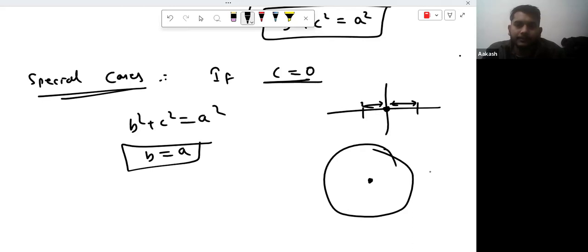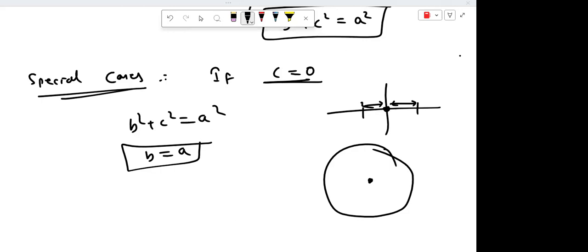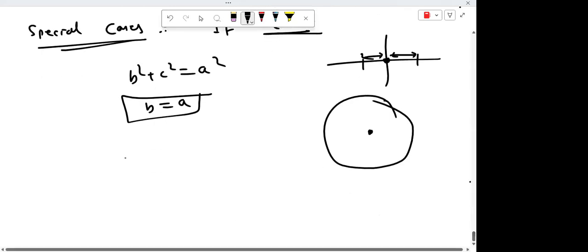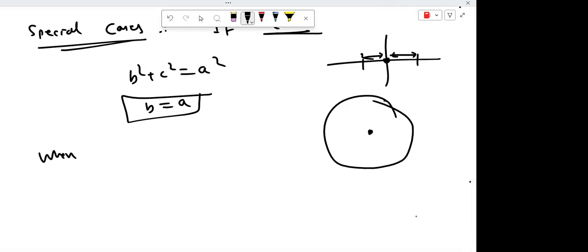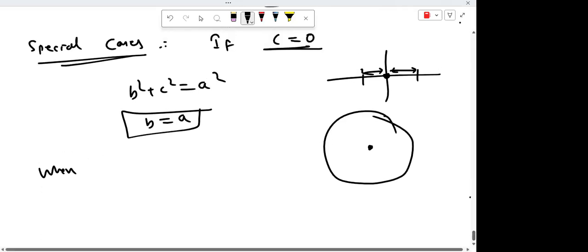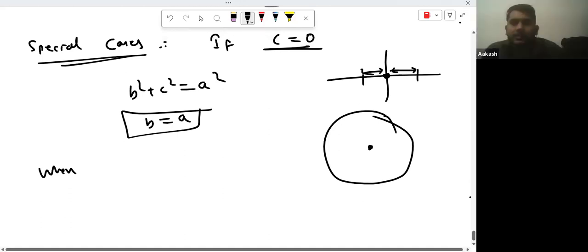Got it? What I said? Okay, note it down. Sometimes they ask you questions on this. Sir, can you say this again? Okay, see, C is the distance from the origin to the focus, right?